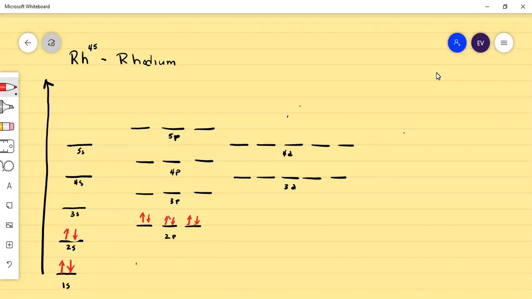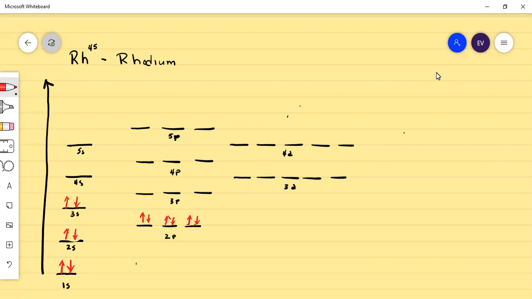Now, if you have your periodic table out, go to the third period, which starts with element number 11, Na, which is sodium. Sodium is represented with this electron. Next to sodium, we have magnesium, which is represented with this electron.